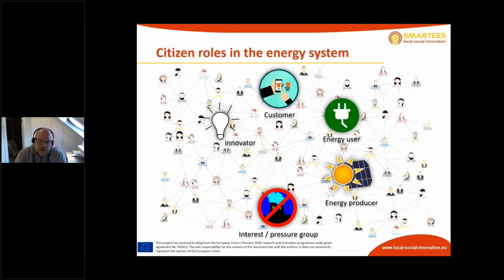Sometimes citizens are also innovators, and that's what the Smarties project is all about, namely trying to find out under which conditions citizens engage in energy system innovations. That could be local things like new ways of producing energy, new ways of distributing energy, new ways of organizing mobility, and so on. And there's a last one missing, please click one more time. And that is that citizens, of course, are also voters. And as that, they also have quite an impact on how the future of the energy system will look.